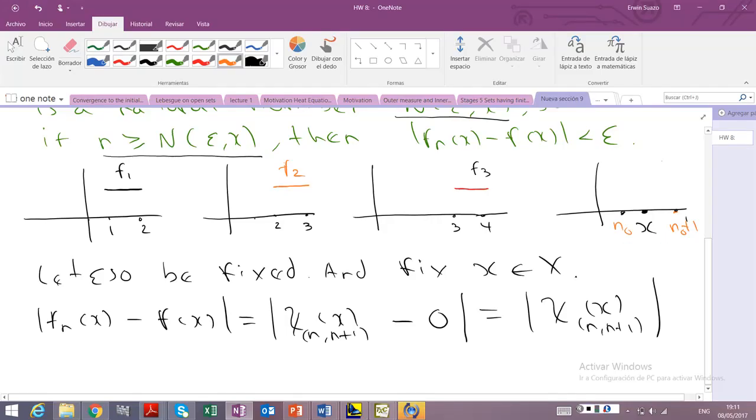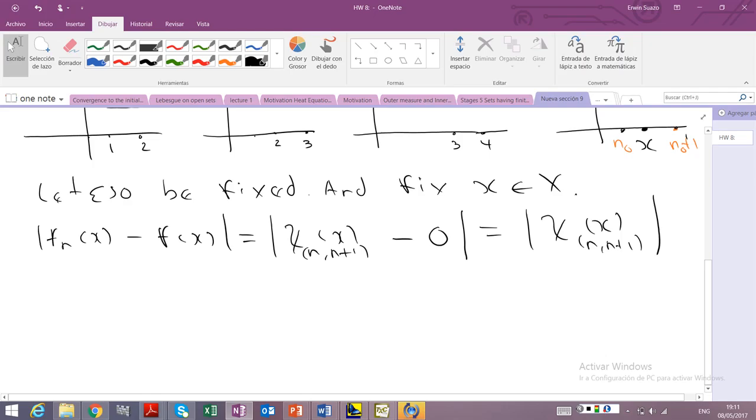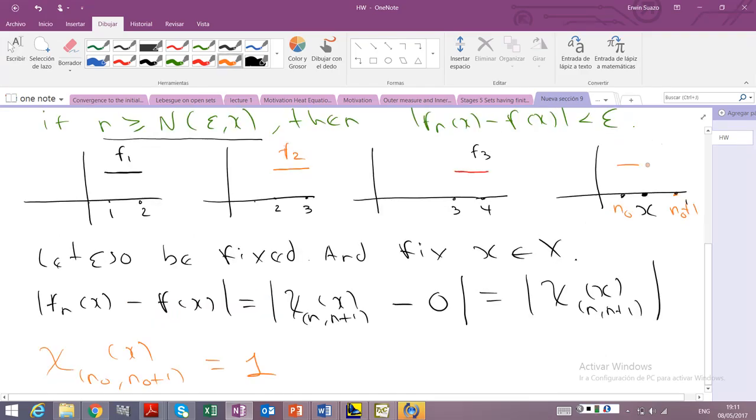And we say let n be, well, you're going to choose n. So let's study this. What is psi_{n_0+1}(x)? It is 1, by definition.